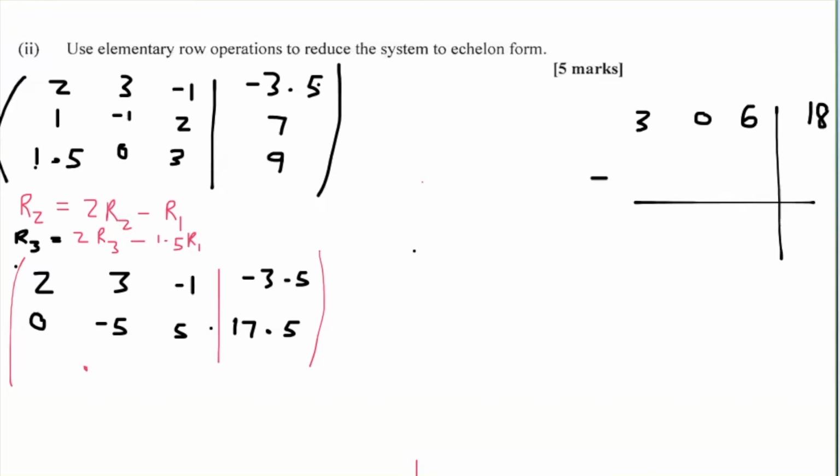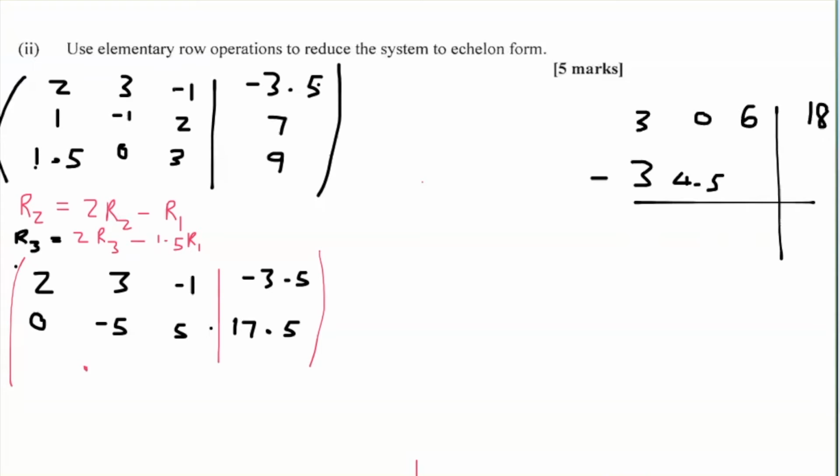Now we can multiply 1.5 by row 1. So 2 times 1.5, that will give us 3. Then 1.5 times 3, that will give us 4.5.